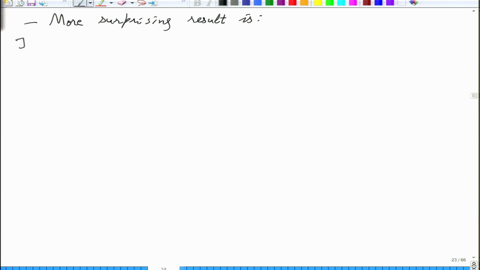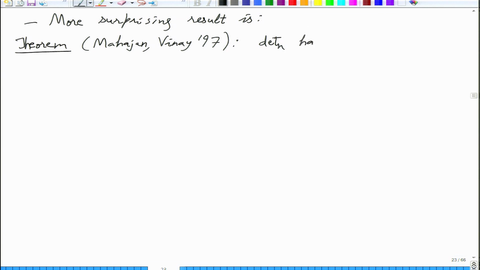This is a result by Mahajan and Vinay. Well, not the 80s, it's actually 97. The determinant on n by n matrices has an ABP which is pretty small.